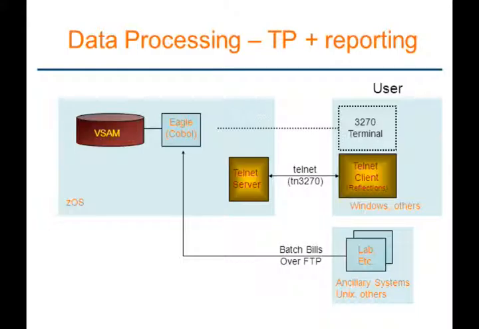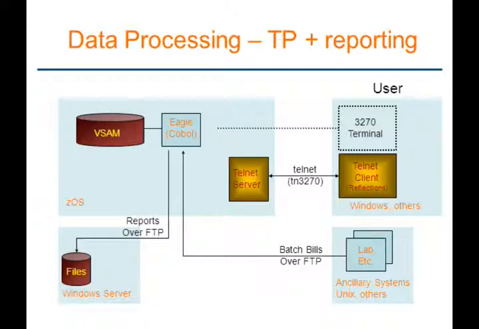We then find that reporting, which is batch bills, is a separate system in which the ancillary systems are sending the bills over file transfer protocol to Eagle, because it's also a charge system, and the reports it generates overnight are actually sent over to the Windows servers to be distributed over the web.